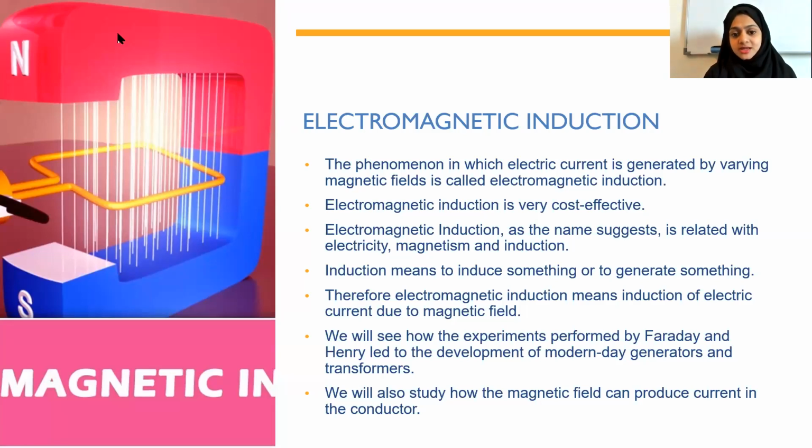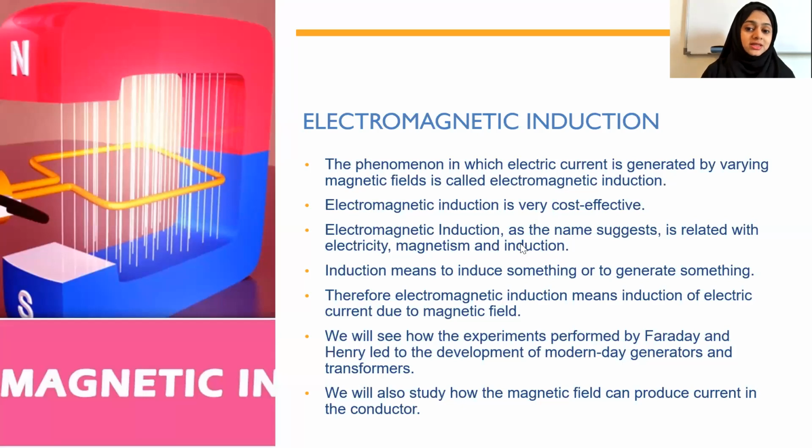And electromagnetic induction, as the name suggests, is related with electricity. Electro means electricity, magnetic means magnetism, and also induction. We have already learned in our previous chapters current, electricity and magnetism, details about electricity and magnetism.